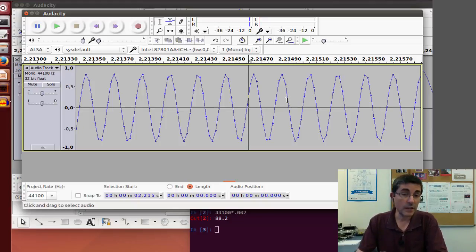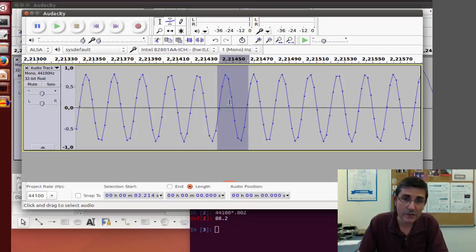This is because there are fewer samples per period, therefore we don't have a very smooth version. So how many samples are in one period? Well, not that many. In fact, here we can even count them, and it's 1, 2, 3, 4, 5, 6, 7, 8. So in fact we have like 8, 9 samples per one period. Not exactly, because they don't coincide, of course, with a period.